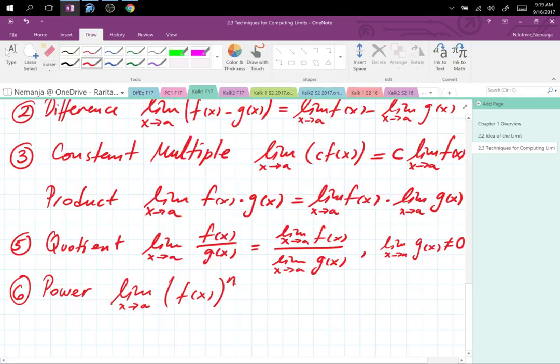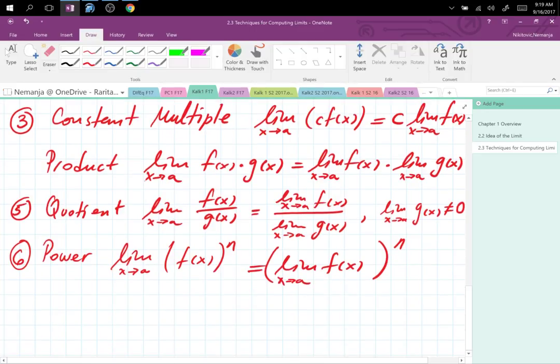So if you raise the function to some power, you can actually take the limit of the function first and raise everything to that power. The last rule is the same thing, except instead of writing n, you write a fractional power, n over m, which will allow you to take square roots, cube roots, and so on.